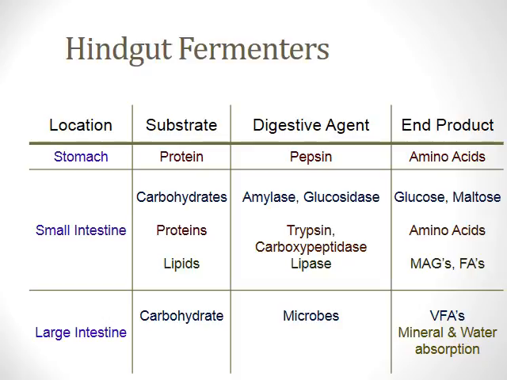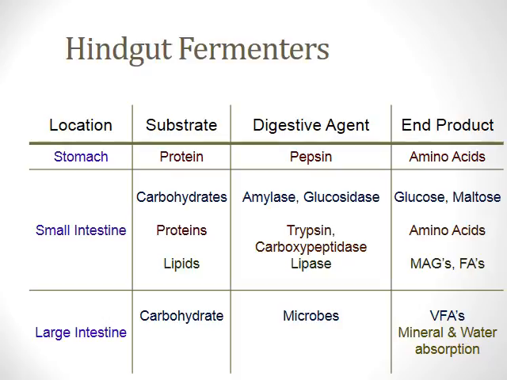Now, in the small intestine of hindgut fermenters, carbohydrates, proteins, and lipids are all broken down by pancreatic enzymes. These pancreatic enzymes include amylase and glucosidase, which break down starches, the carbohydrate starches, to glucose and maltose.